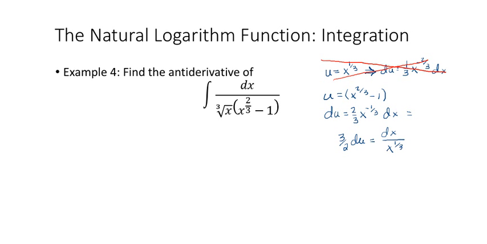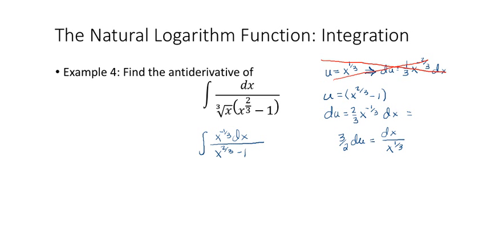So now we might see that this dx over the cube root of x is in fact du right there. And so we actually do have an arrangement where we have, if I were to rewrite this again, our integral of x to the negative 1/3, if I wanted to rewrite it here in place, dx, divided by our quantity x to the 2/3 minus 1.